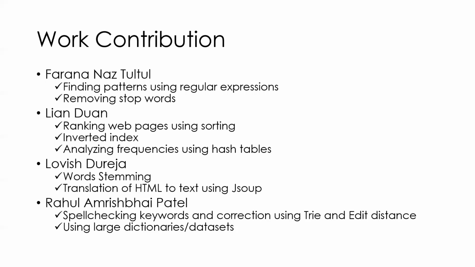Lovish implemented two important features: word stemming and translating HTML to text using JSON. I implemented the spell checker using a trie and the edit distance algorithm. It checks spelling and suggests the correct word from the dictionary.